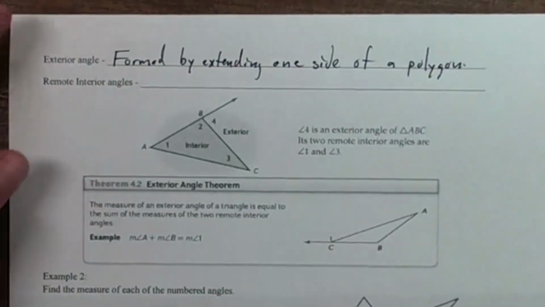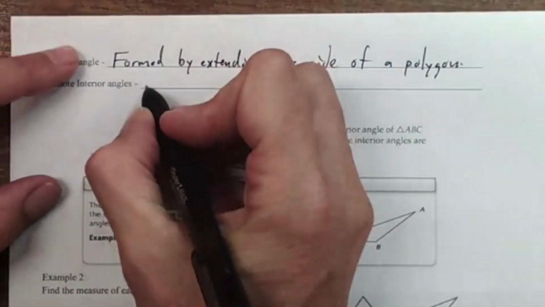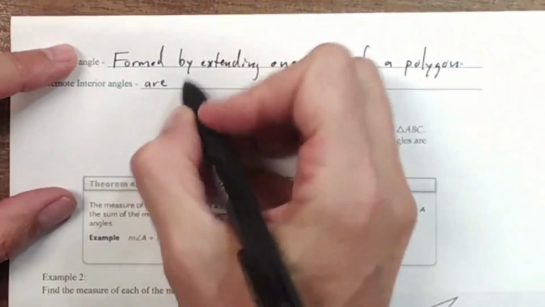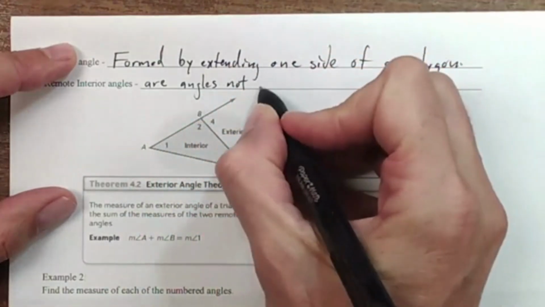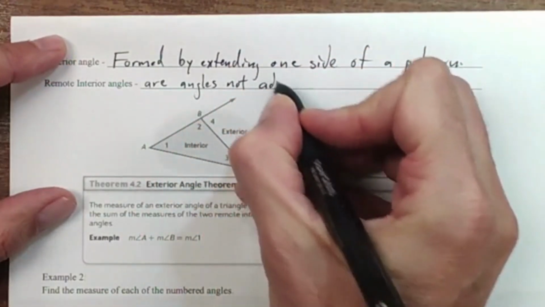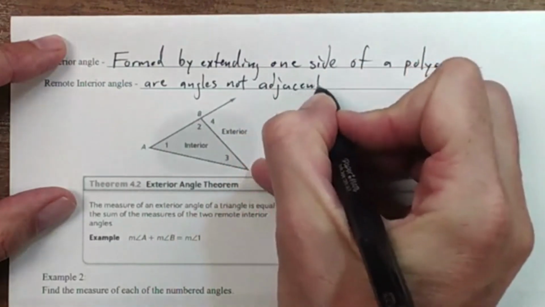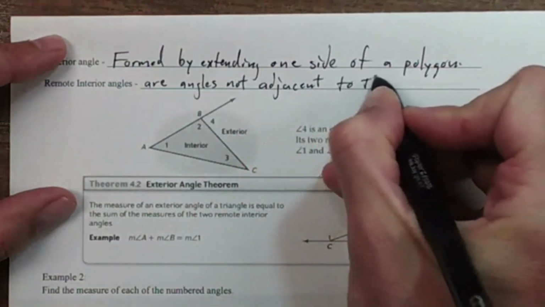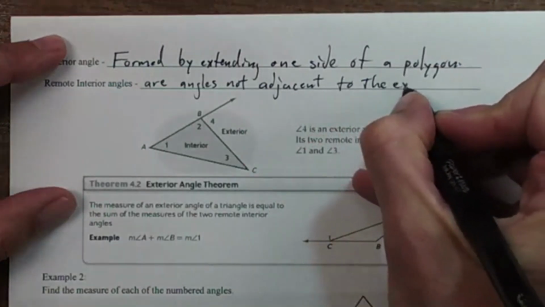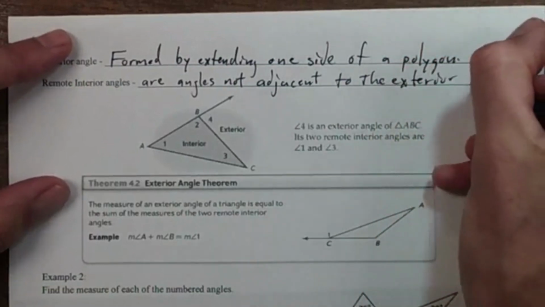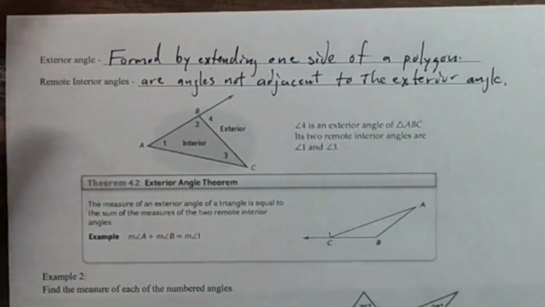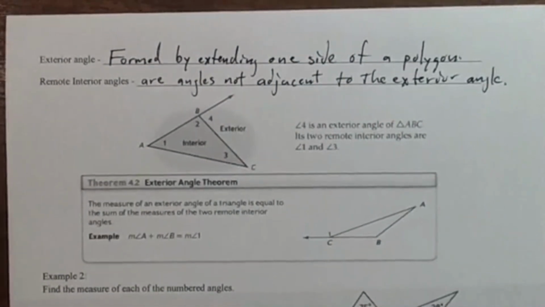And remote interior angles are angles not adjacent to the exterior angle. And once again, they're on the interior of the triangle.